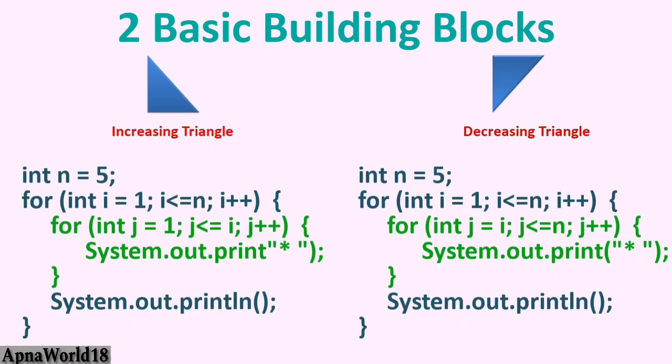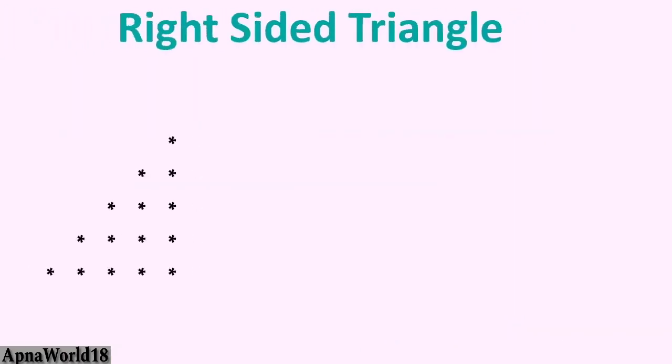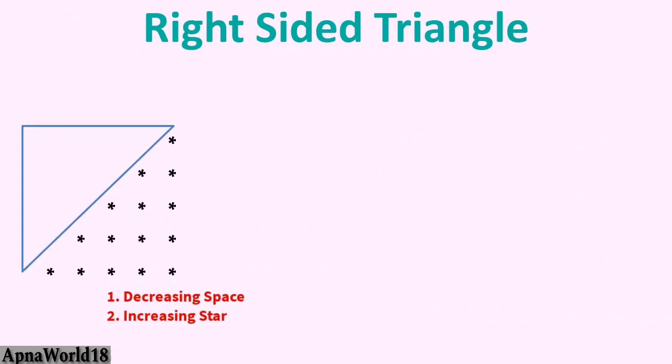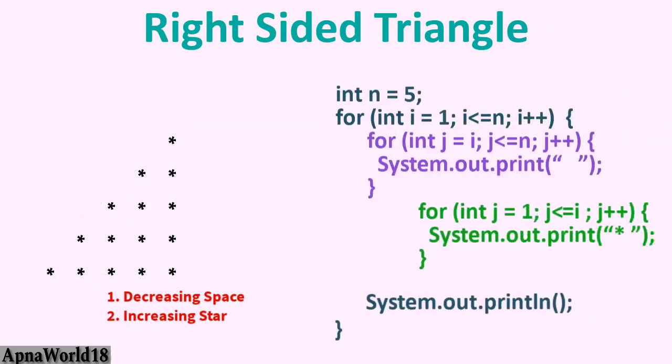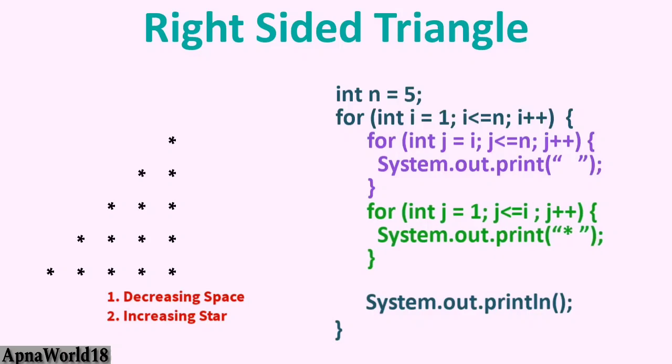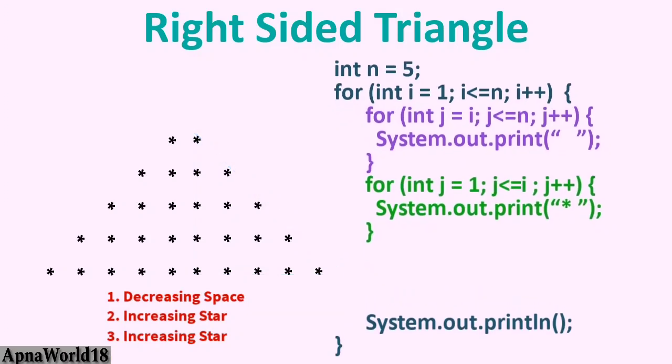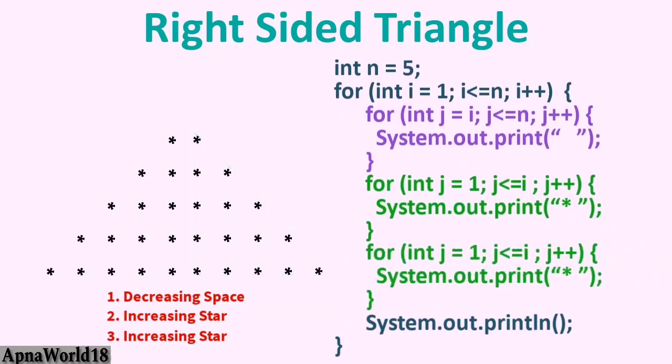Any complex pattern is just broken down to these basic triangles and then just clubbed together in sequence as they appear. For example, here we have first triangle with decreasing space and second triangle with increasing star, so we will write two inner loops like this. If it is a hill pattern, there is another increasing triangle, so we will put another inner loop.